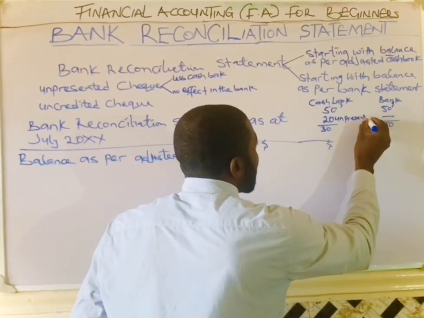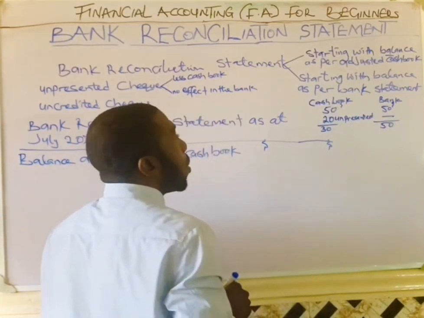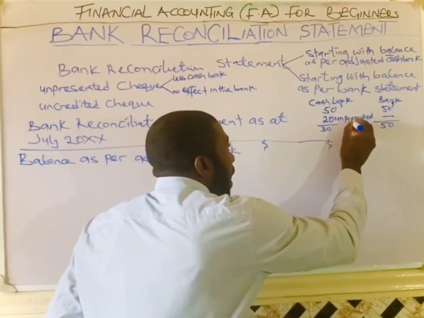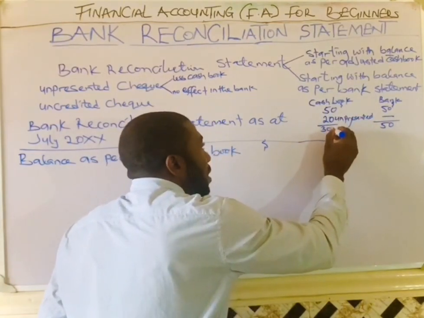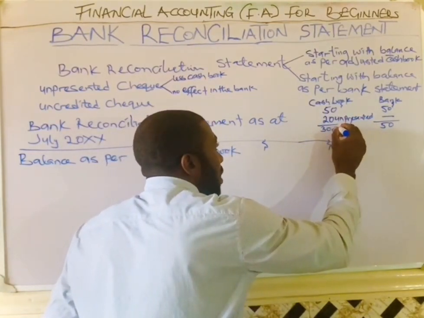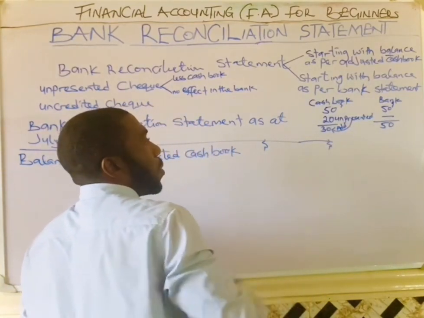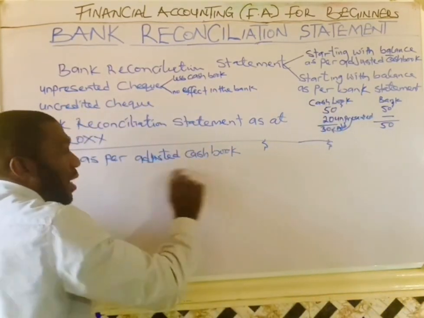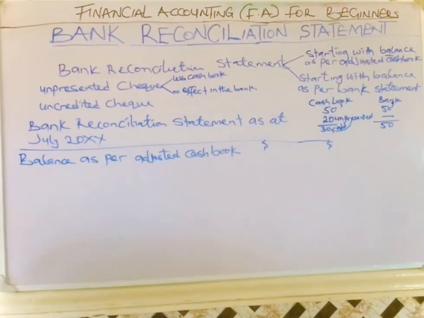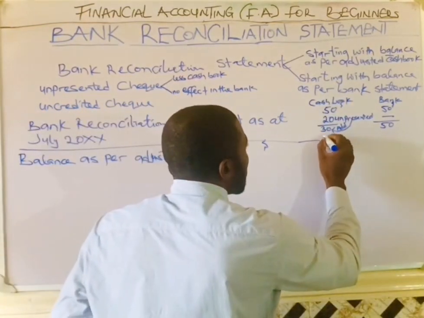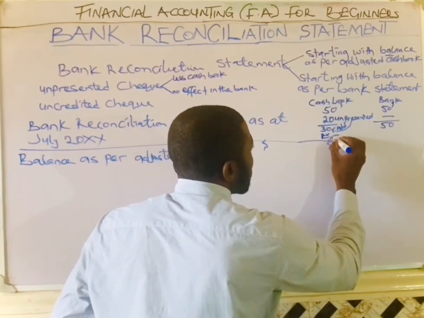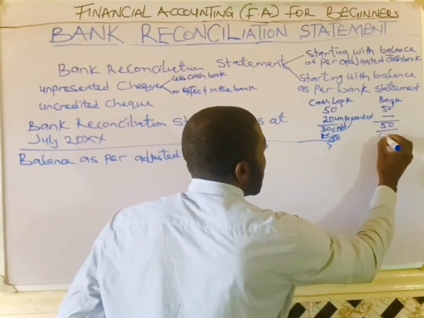So we will now add the unpresented check to our cash book balance, since we're using cash book adjusted, to give us the 50, and here will be 50.